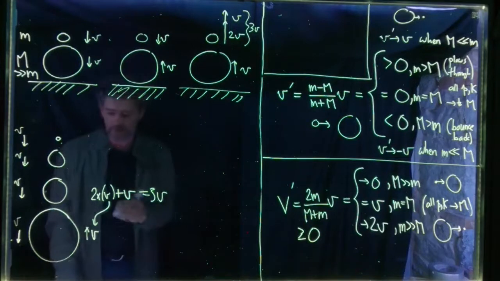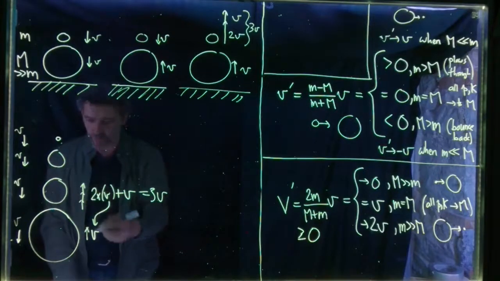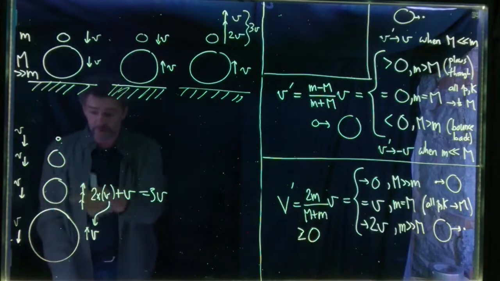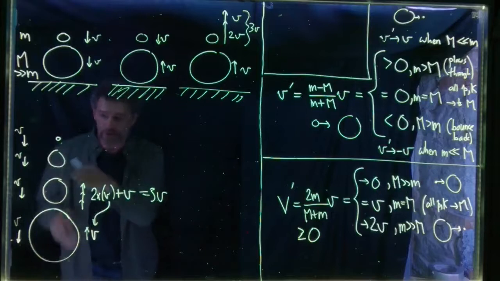And now we amplify this. If this is little v, then this is 3v. Okay, 1, 2, 3v. And then we come to this example here, and we play exactly the same game. We have, say, a massive ball hitting a very much less massive ball like this, and the same effect will happen.